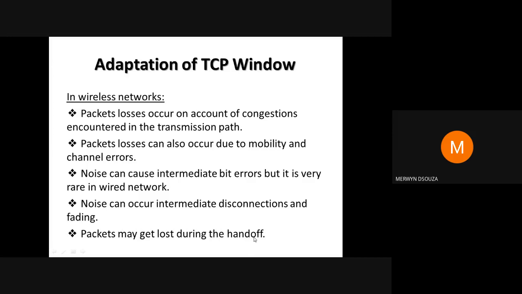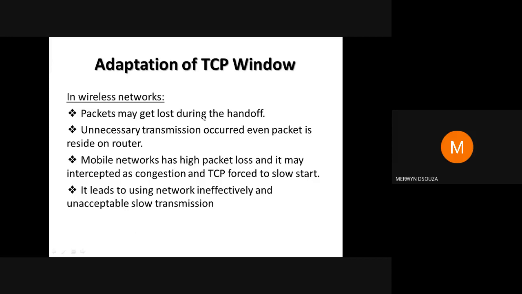When you're moving from one tower to another, the connection has to be handed over from one cell to another cell. When that connection is being handed over, packets may also get lost. That is known as handoff.